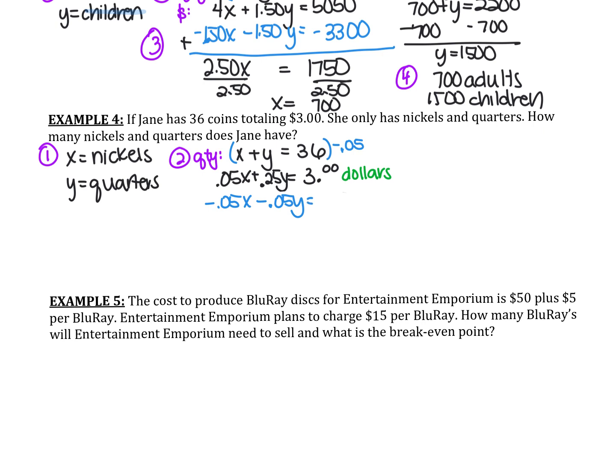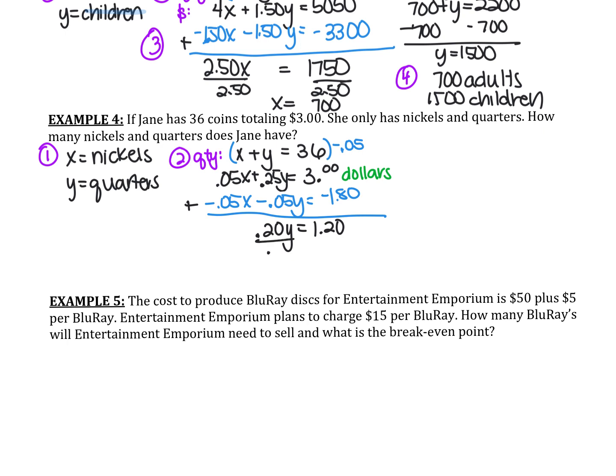And then 36 times negative 0.05 is negative 1.80. Now I can add the two equations together. The goal was to eliminate the x. We did that. Now I get 0.20y equals 1.20.